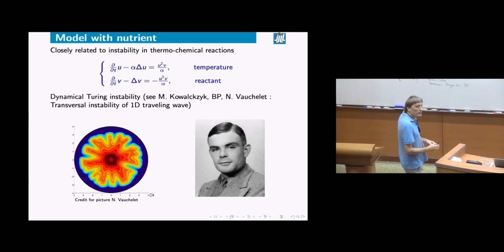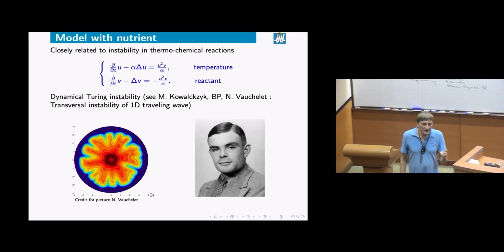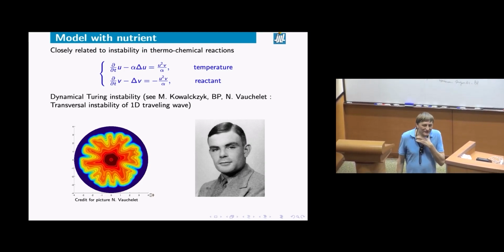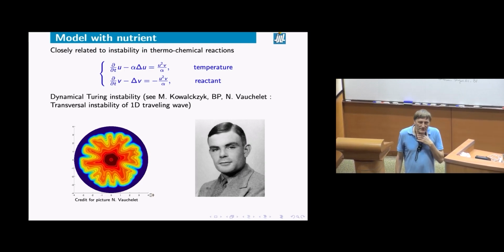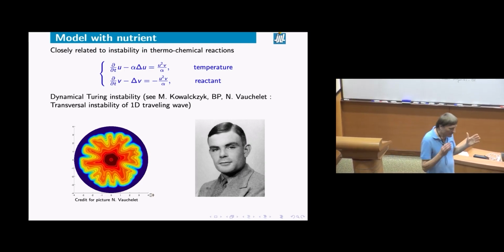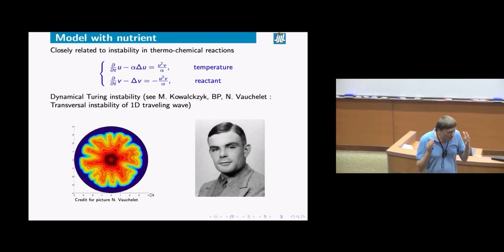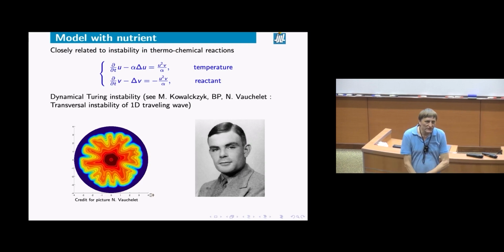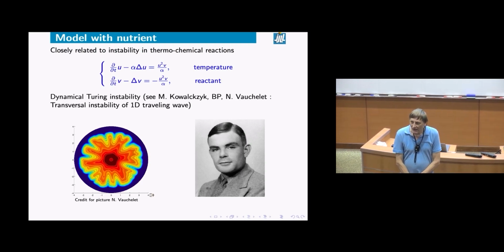By the way, who knows about Turing instability? Who has heard about that? I'm very surprised, because for me, if you ask what the big results in PDEs in the 20th century are, there are two results which are amazing.